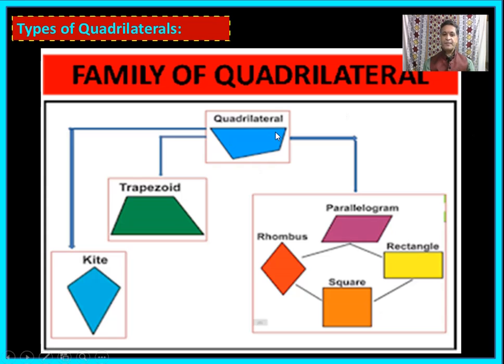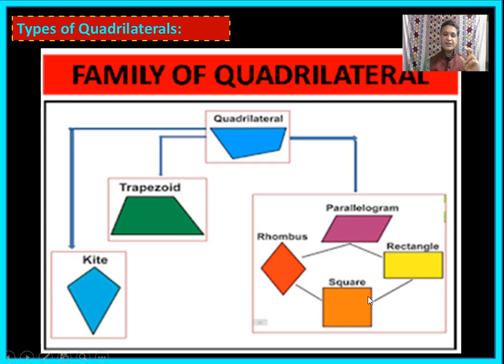First, this is the quadrilateral, and from it we get the trapezium and the kite. Observe this: from quadrilateral to trapezium, and from quadrilateral directly to kite. Now quadrilateral to parallelogram, another figure. From the parallelogram, with the same properties, we have rectangle, square and rhombus.